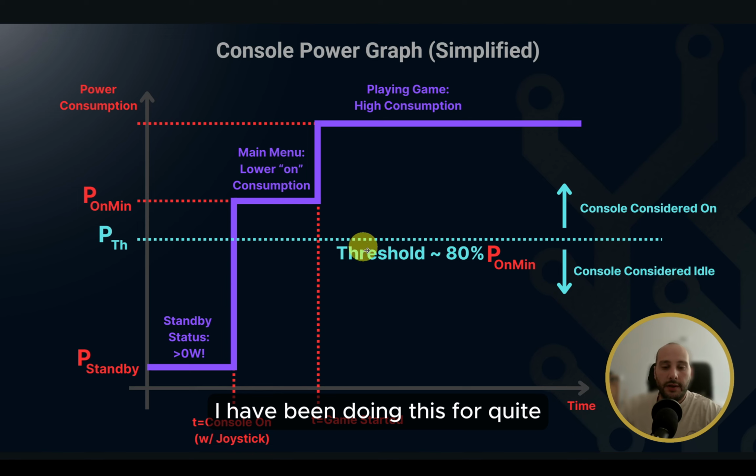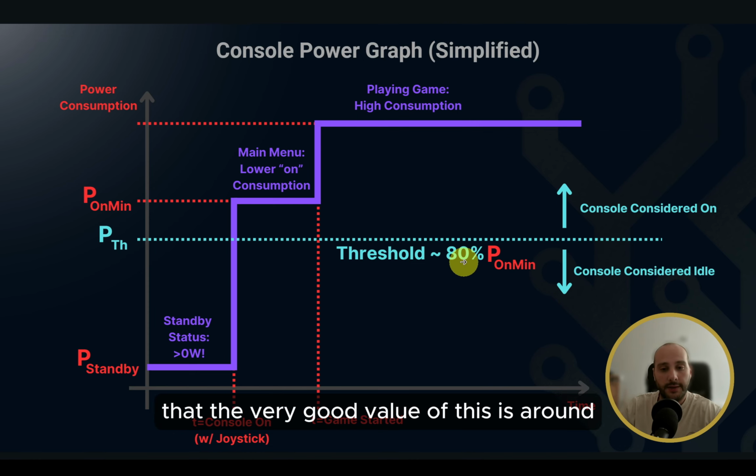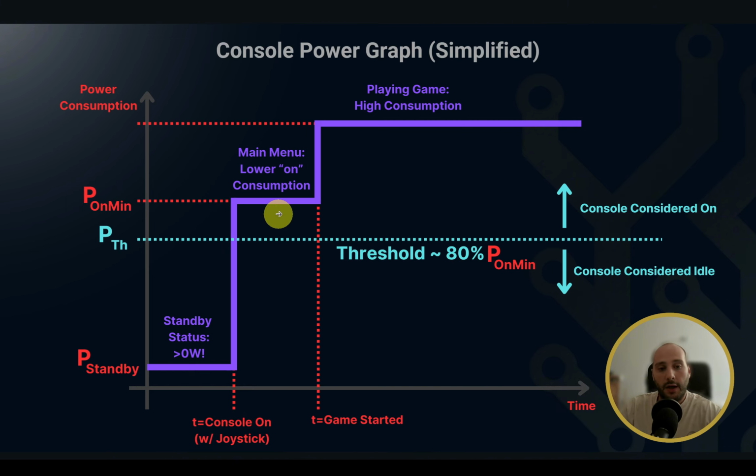I have been doing this for quite a few projects, and I have realized that a very good value for this is around 80% of the power on minimum value. Why is this a good value?